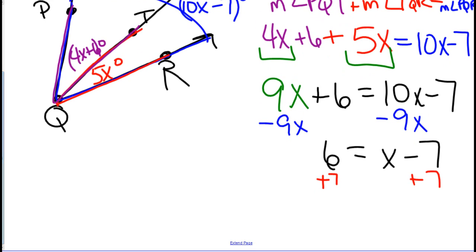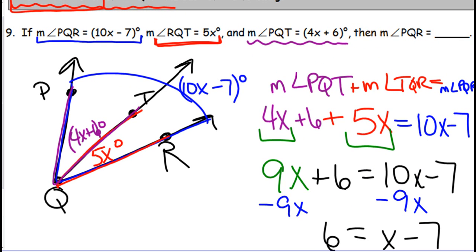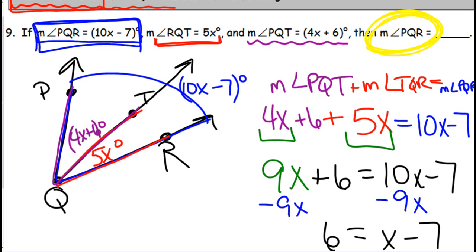When I get that, I know I have an answer, but I don't know that I'm done with my problem. I have to go back and double check what my problem was asking me to find: the measure of angle PQR. I am looking for the measure of the angle. My measure of angle PQR is 10x minus 7, so we just have to plug it in.